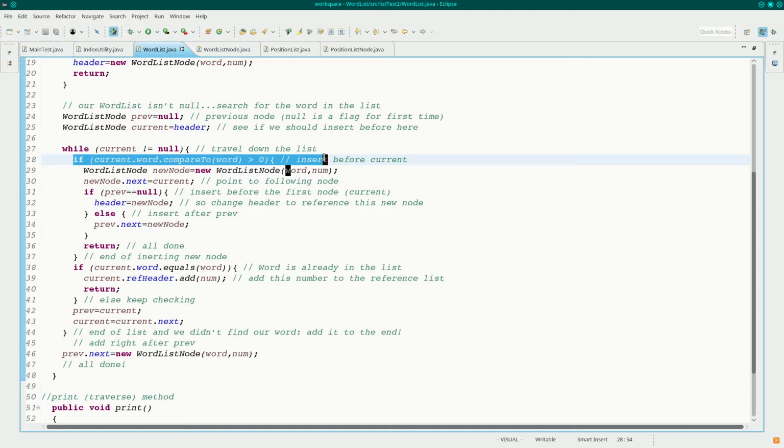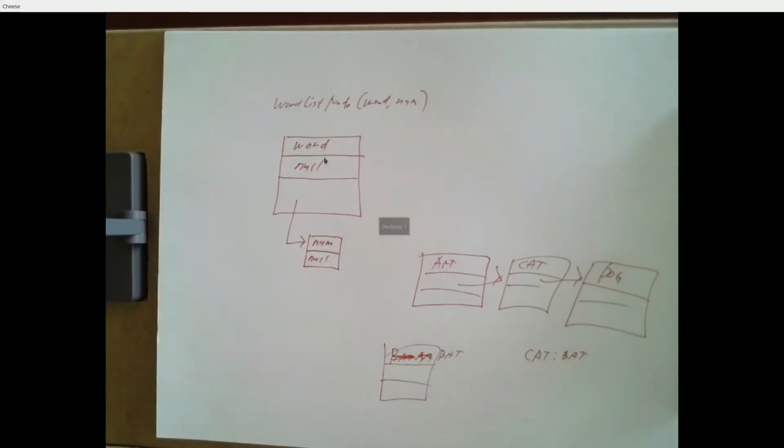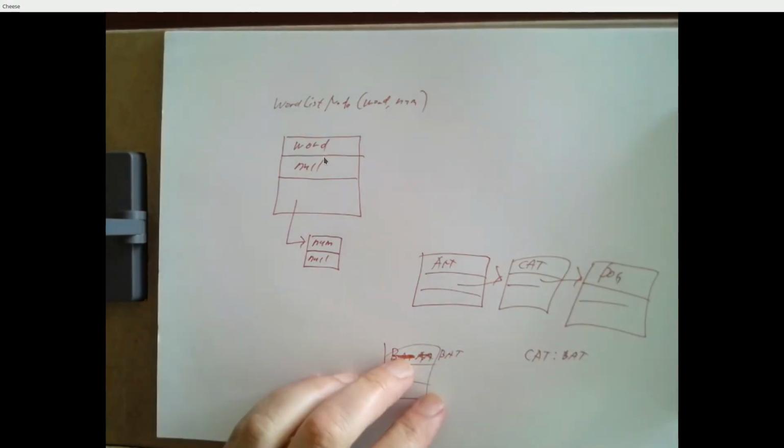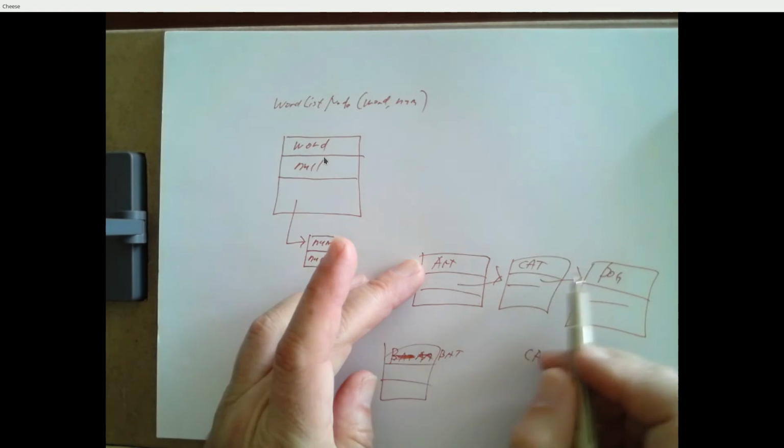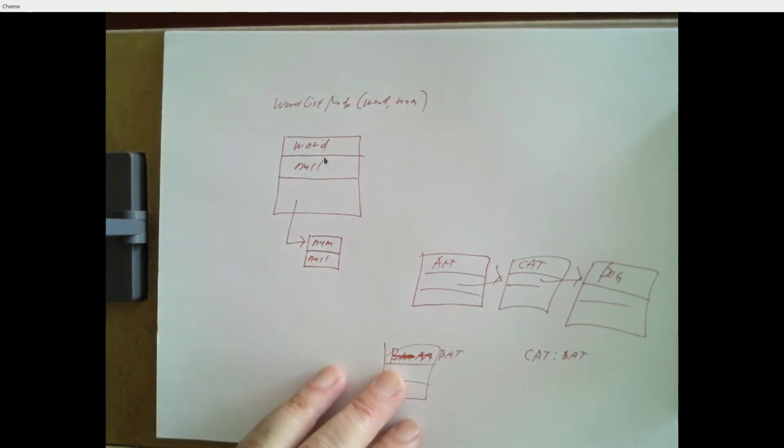So we're comparing, for example, cat to bat, or ant to bat. We're comparing the node's word to the word we're inserting. And compareTo subtracts ASCII codes. So it's going to do this minus this. That's going to give you something positive.